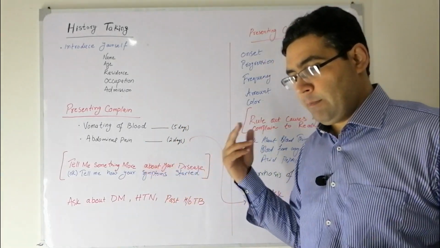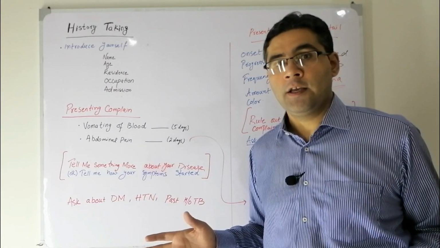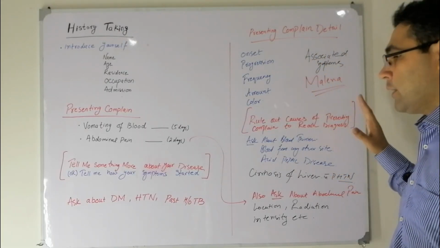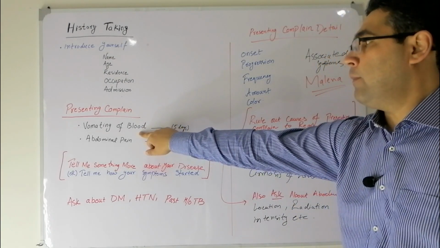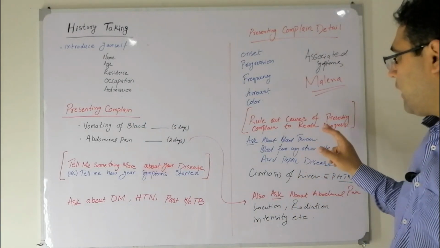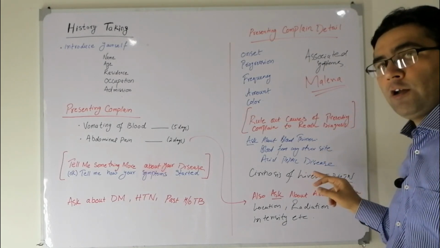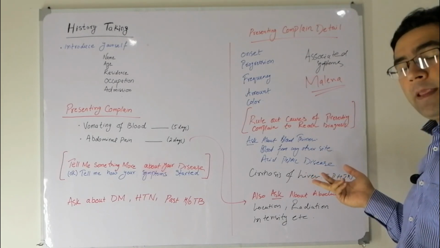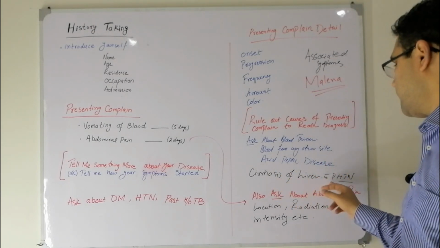Because you have to satisfy the examiner that you have broader knowledge, try to rule out the causes of vomiting of blood, and you will ask questions about blood thinners, any hematological malignancy, acid peptic disease and cirrhosis of liver.